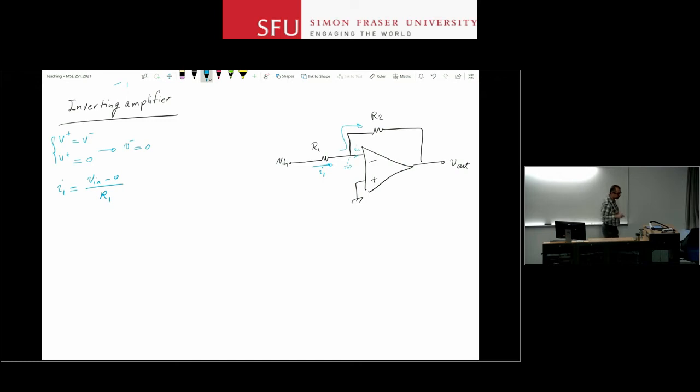All of it has to flow through R2, and that makes it easy because then for the voltage drop across R2, I can say 0 minus V out, that's this voltage drop, is equal to the current through it, so it's I1 times R2. Rearranging this, for I1 I put V in over R1 and put the negative sign on the other side, so V out is minus R2 over R1 V in.